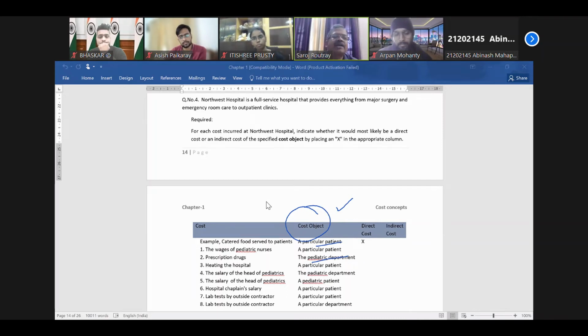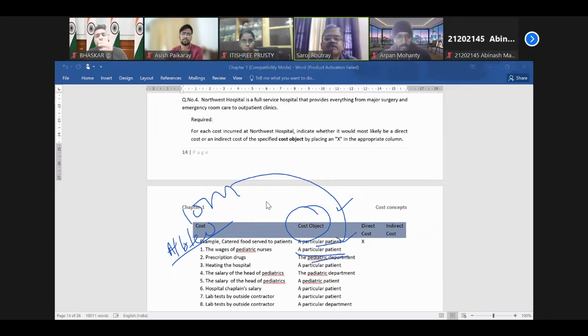How can I make it a direct cost? I can make it a direct cost if things were like this: for one particular patient, a critical patient, you allotted one nurse. So I know that one nurse is working for that patient, so all 10,000 will be charged to that patient.